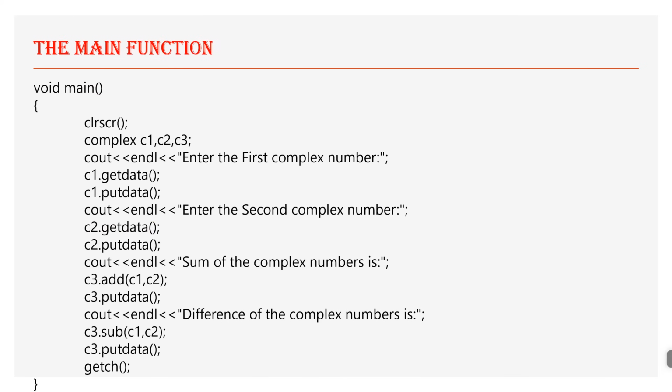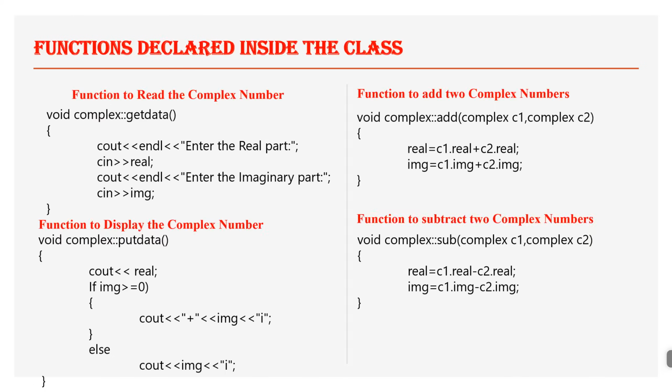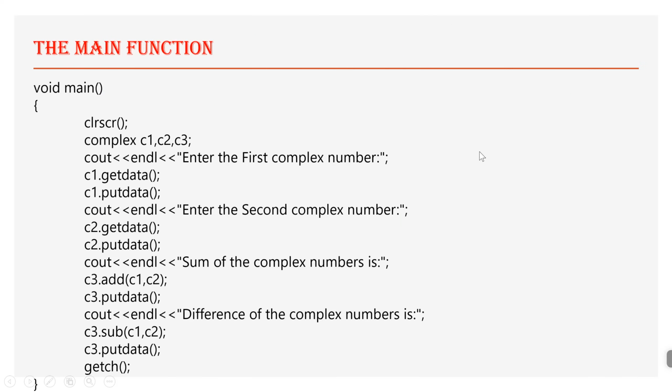So now C3 dot add. What I'm adding? I'm adding two complex numbers. So that is the reason I am passing the arguments over here. From where? From the main program. So in this example, the arguments which I am passing are C1 and C2. What is C1? It is a complex number. What is C2?